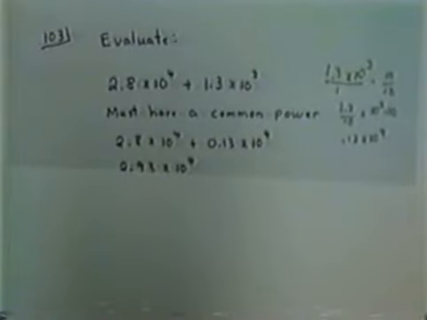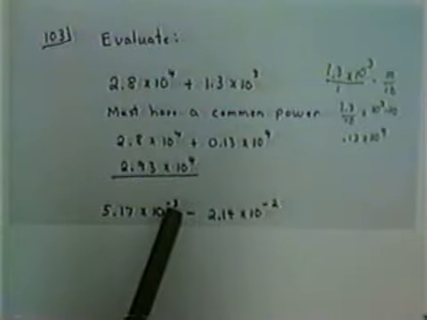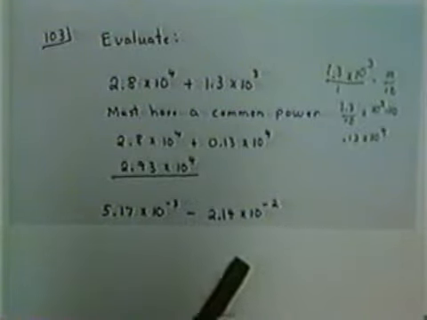Subtraction works the same way. I cannot subtract now. I must get common powers. Now I'm going to make them common on the larger power. Now the larger one is going to be 10 to the negative 2, because exponent negative 2 is larger than exponent negative 3. So I need to create a negative 2 here.